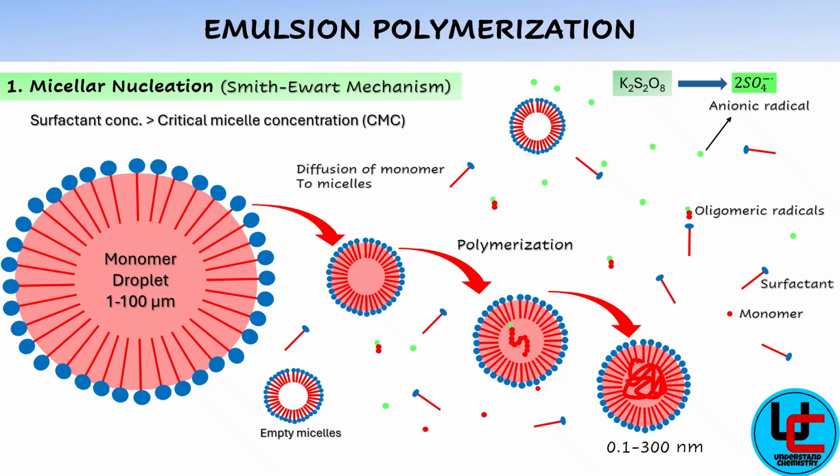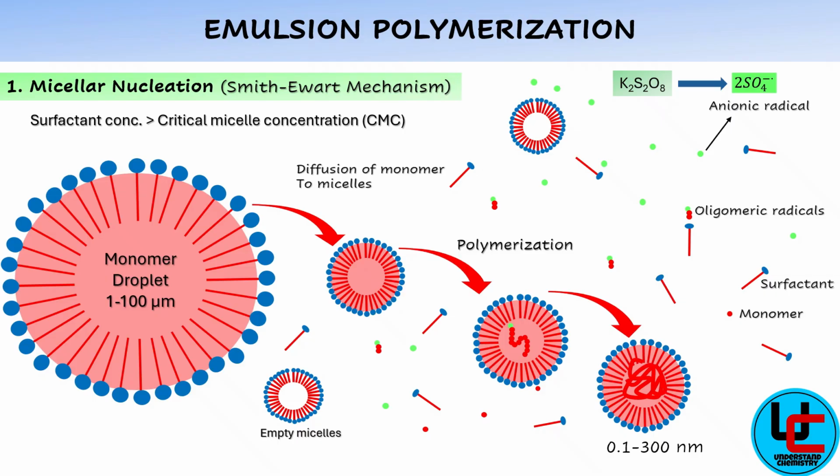At this moment, that micelle is transformed into a growing polymer particle. This process of radical entry and conversion of micelles into polymer particles continues until all the surfactant is used up. In addition to radical initiation in the micelles, some radicals attack the monomer in the water phase to form oligoradicals that can also diffuse into the micelle to start a polymer chain.